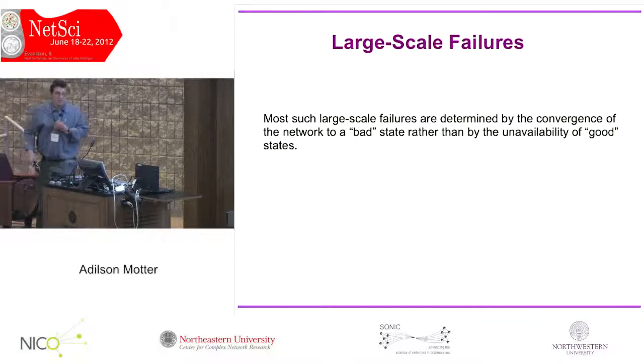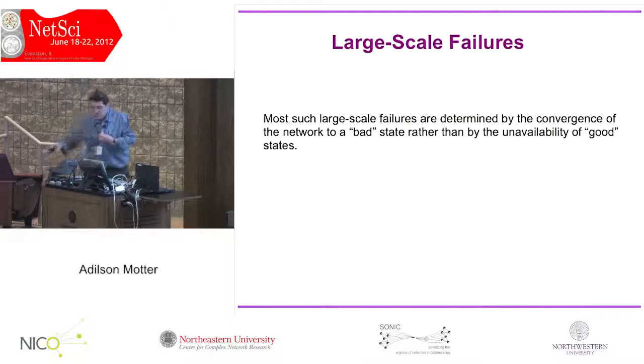Okay? We eventually go to a state in which, say, all the species are extinct, or the cell is not able to grow and reproduce. But I want to convince you that this does not mean that you don't have good states available. And in general, it appears that you do have good states available, based on the many systems that we have studied over the years.